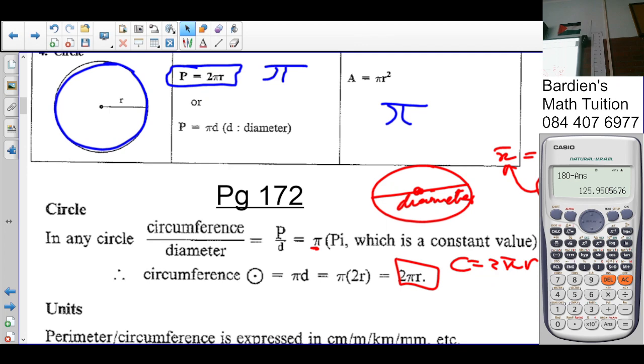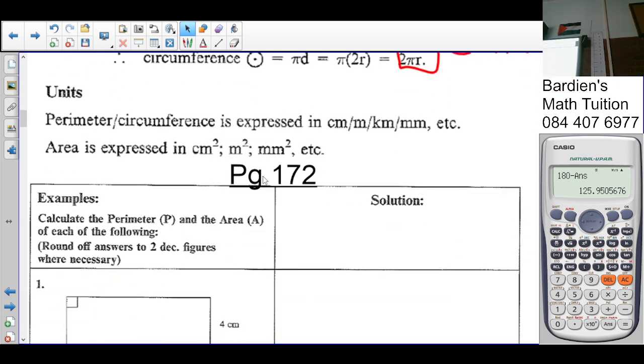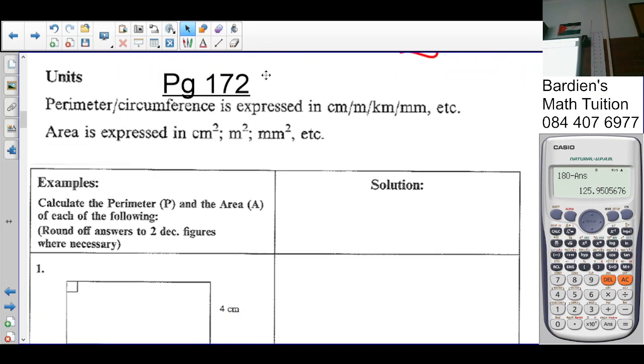In units, perimeter or circumference is expressed in centimeters, meters, kilometers, millimeters, etc. Whilst the area of a shape is expressed in centimeters squared, meters squared, millimeters squared, kilometers squared, whatever squared. You all okay with that?